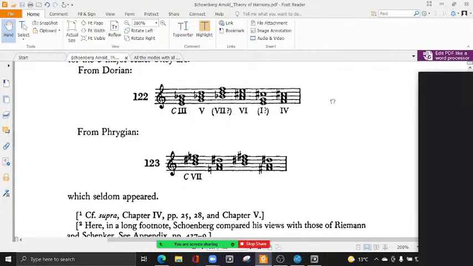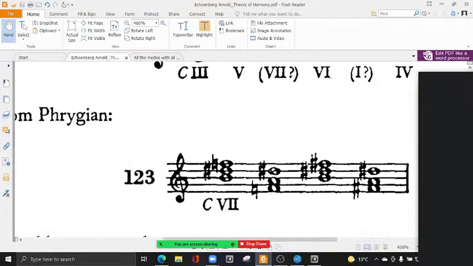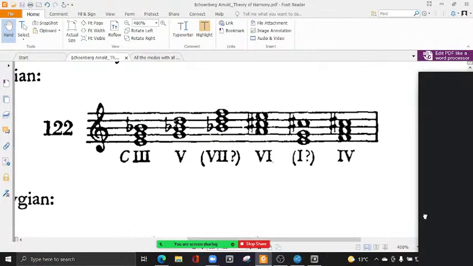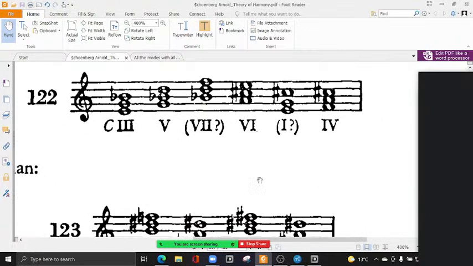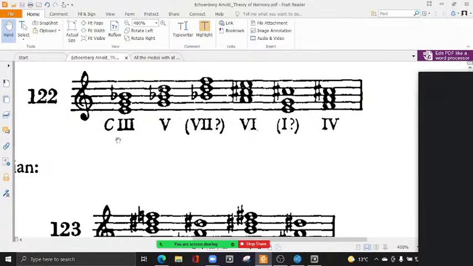They are, let's say, from Dorian, in C: E diminished, G minor, B flat major, A major, well, C diminished, C sharp diminished, and F sharp augmented.